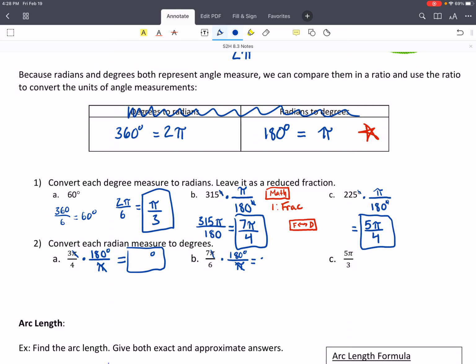It's 165, right? Sorry, I don't have my calculator in front of me. I'm going to actually do this. Okay, 3 times 180 divided by 4: 135, there it is. My bad, sorry, this one's 210. And the other is 5 pi over 3.